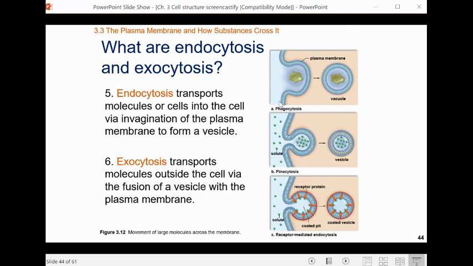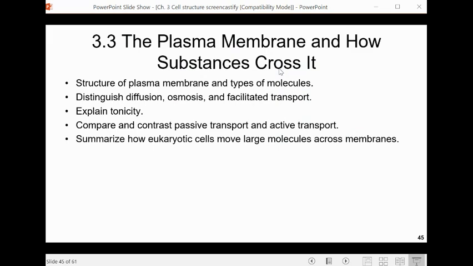And the way this works is that the plasma membrane itself engulfs material for endocytosis and brings it in using a vacuole, or there's a vesicle which has been created by like the Golgi apparatus where it's packaging materials, and that vesicle then can be transported to the edge of the cell. The membrane bonds with the cell membrane, and it can allow those materials to move out of the cell. Again, this is for much larger transport.